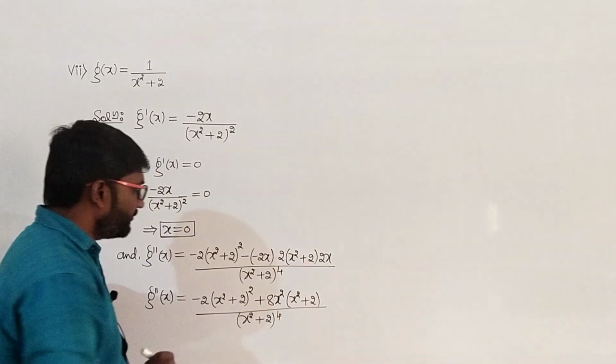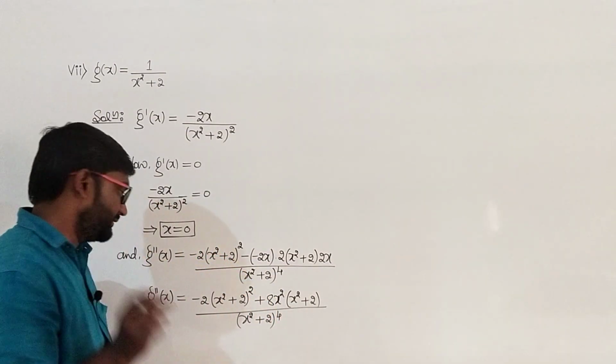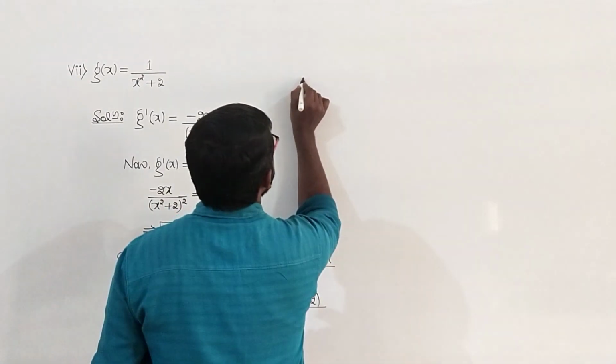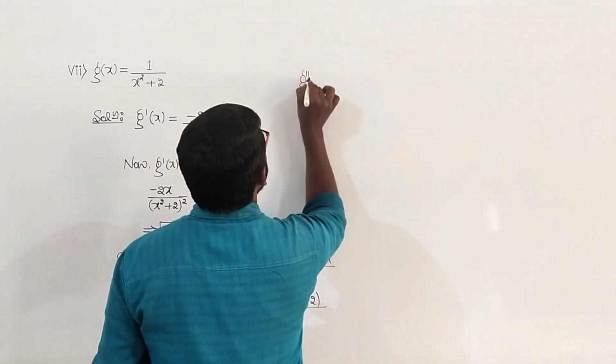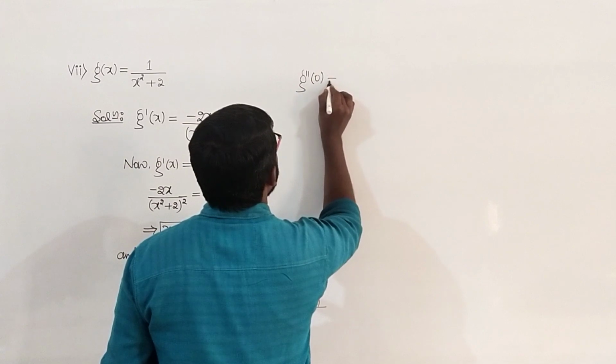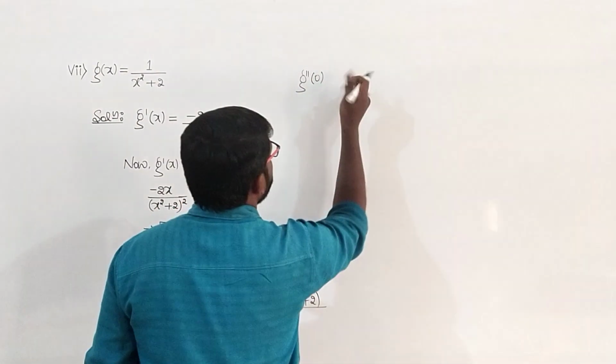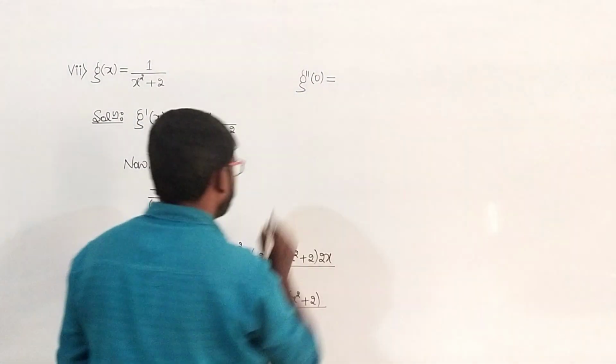Now we have to go for g double dash of 0. So here g double dash of 0 is equal to, we have to substitute x as 0 in the second order derivative.